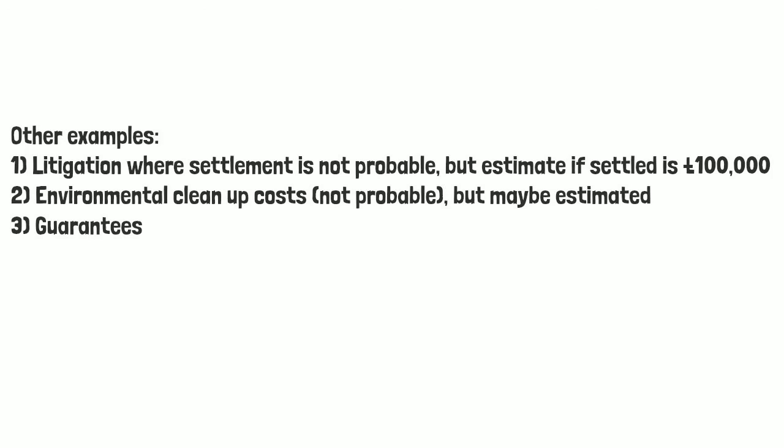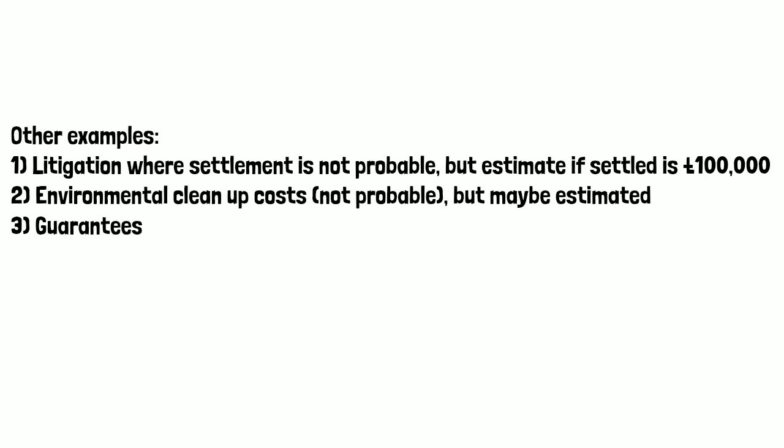And just to give a couple of examples of other things that normally crop up when it comes to contingent liabilities, litigation is probably the most famous one, whereby there is a potential for settlement, but we don't know fully yet if that's probable or not, and therefore an estimation is given of the settlement and of the legal status of those litigations.